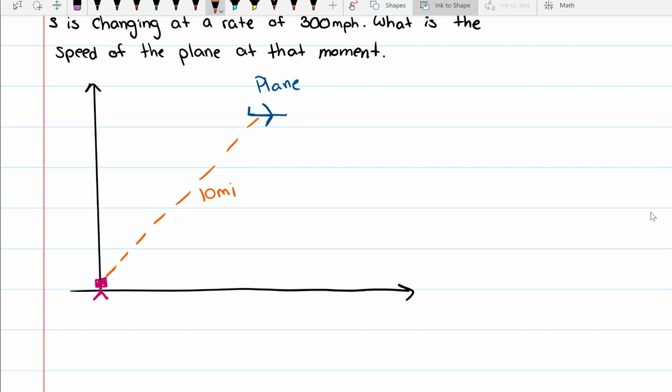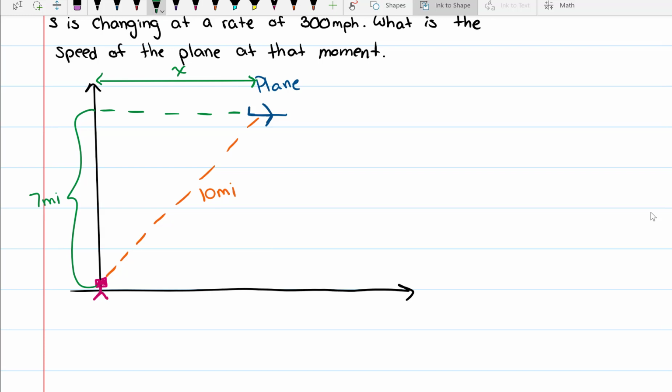We also know that the distance from the ground is 7 miles. What we don't know is how far away the plane is this way, so we're just going to call that x.